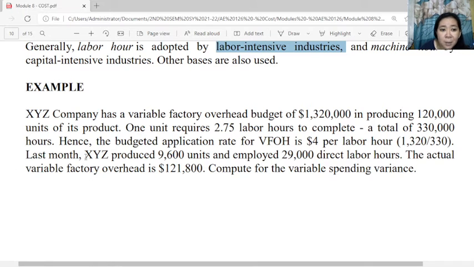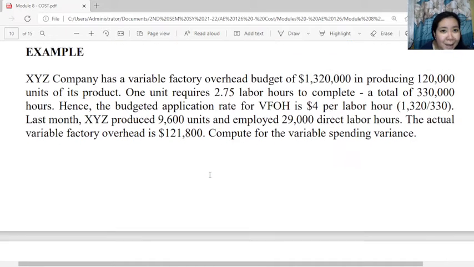Last month, XYZ produced 9,600 units and they employed 29,000 direct labor hours. So the actual factory overhead is 121,800. In this case, we will compute the variable spending variance.